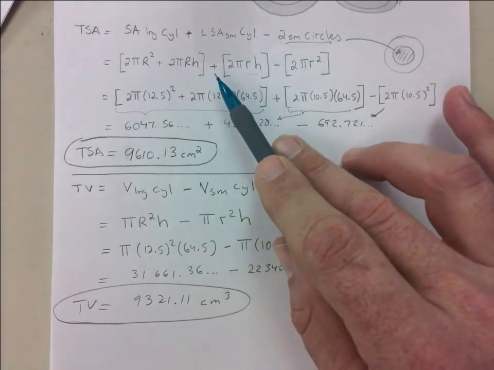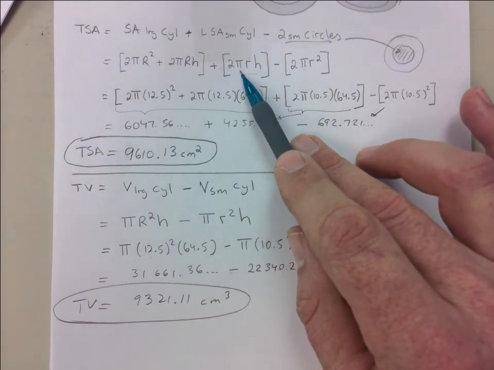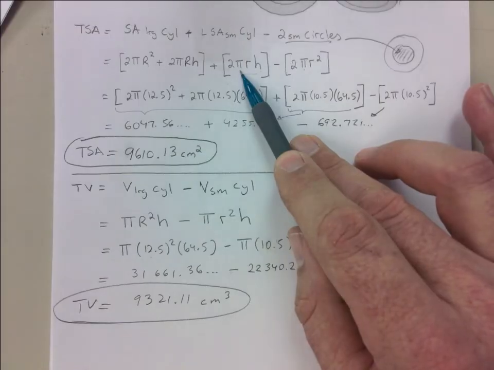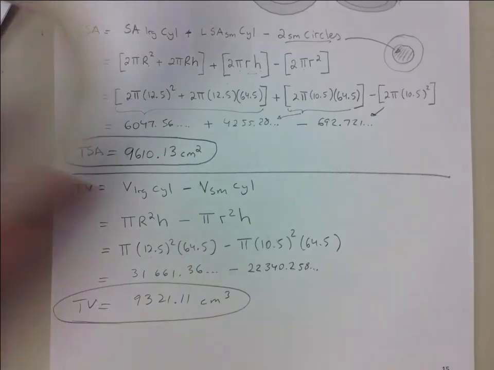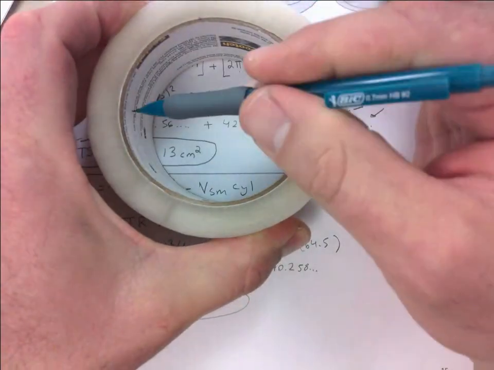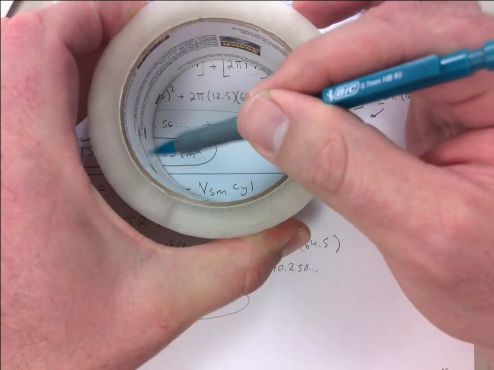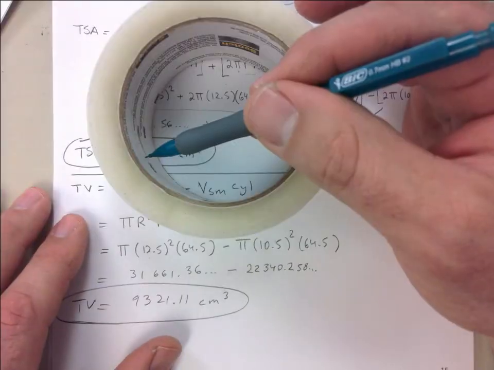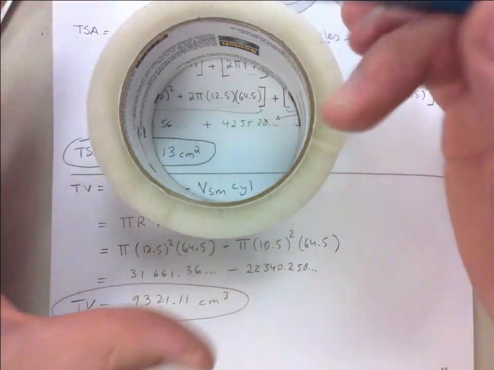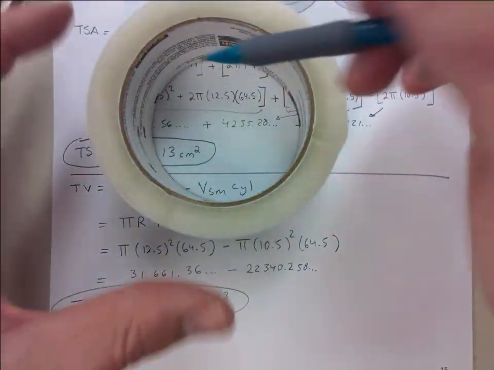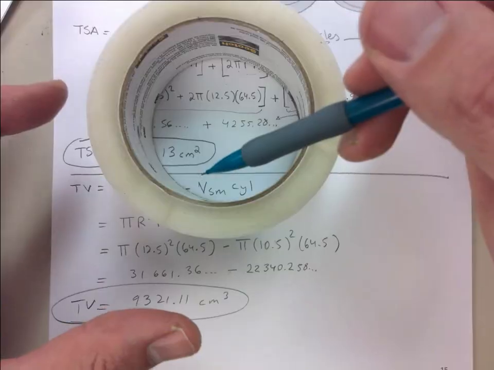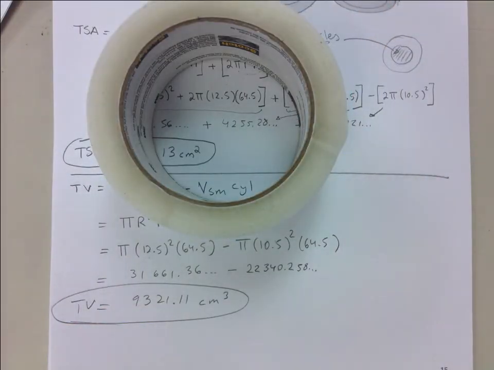So some students don't understand that you have to add, because now that you drilled that hole through the shape, there's now an exposed face, right? When you drill through this, you're exposing that side that was inside that shape previously. So you go outside, inside, I add that, and then I subtract the hole.